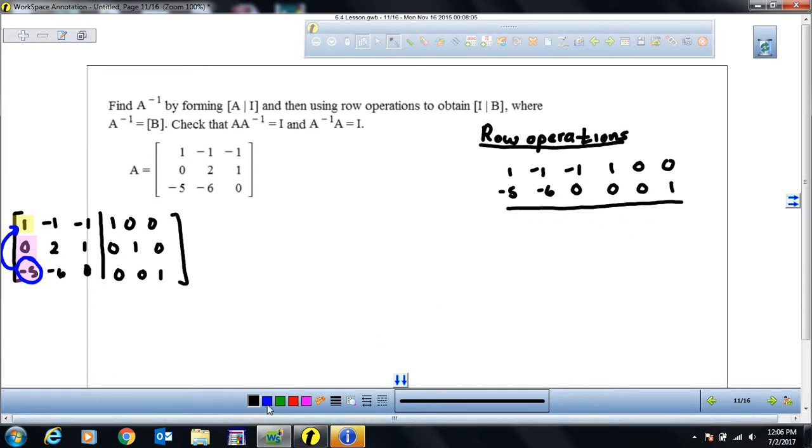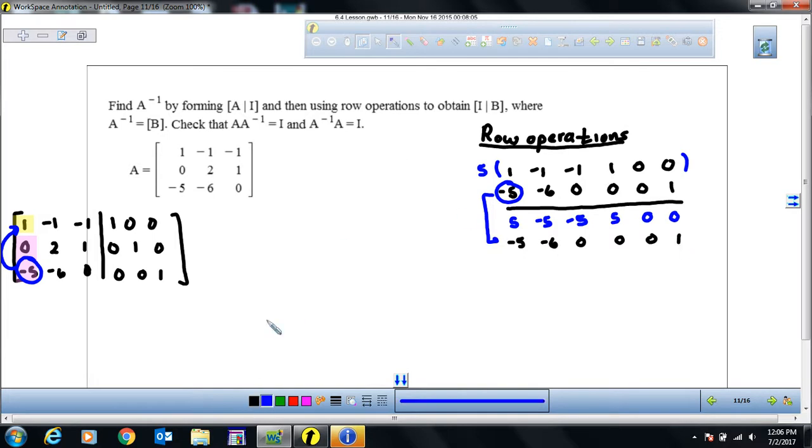To make this a 0, we first need to multiply the first row by +5, the opposite of -5. That gives me 5, -5, -5, +5, 0, and 0, and then we add it to this other row, -5, -6, 0, 0, 0, and 1.